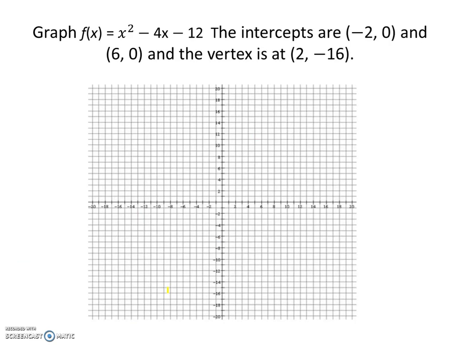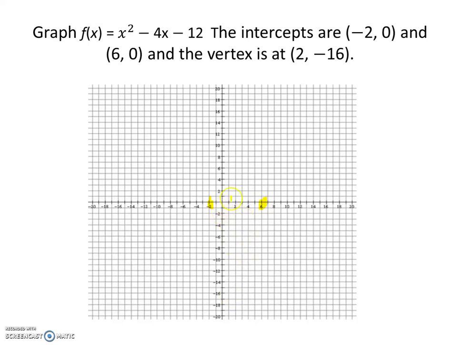Now they're asking us to graph our function x squared minus 4x minus 12. Well, we know the intercepts. Here's one of them, negative 2, 0. The other one is here at 6, 0. Those are our x-intercepts.